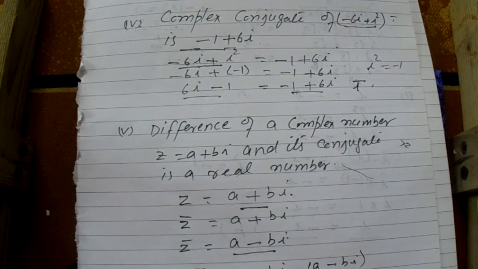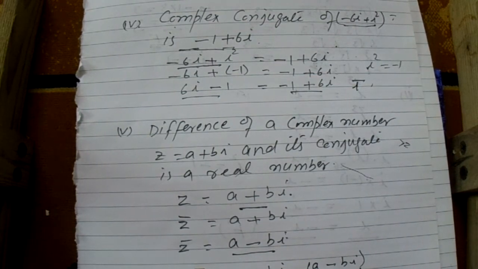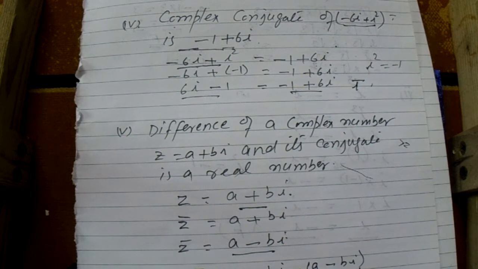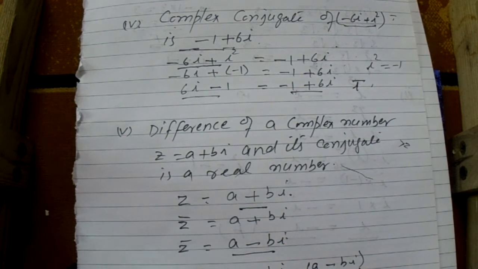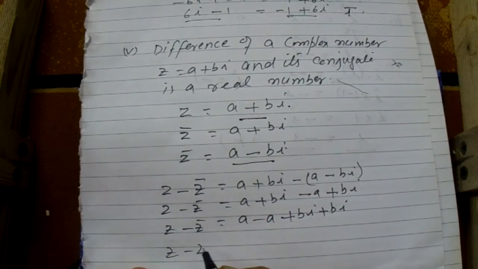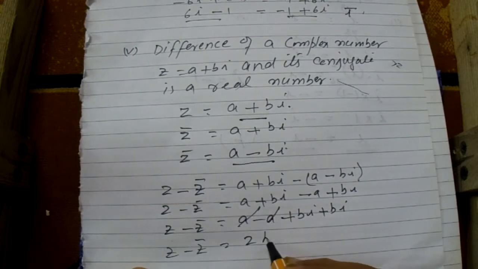Now a plus b iota minus a plus b iota. z minus z bar is equal to a minus a plus b iota, so z minus z bar is equal to this. The a will cancel, you have 2b iota.